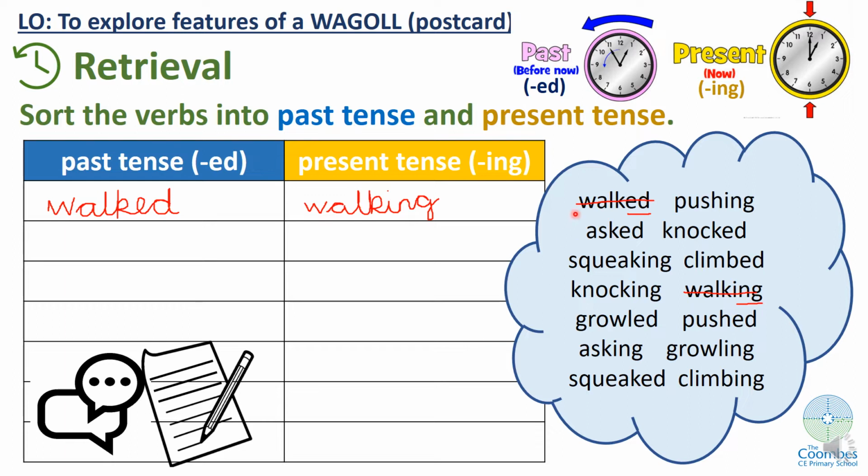The first one is walked, pushing, asked, knocked, squeaking, climbed, knocking, walking, growled, pushed, asking, growling, squeaked, climbing. See if you can sort them into past tense and present tense. Pause the video now and good luck.